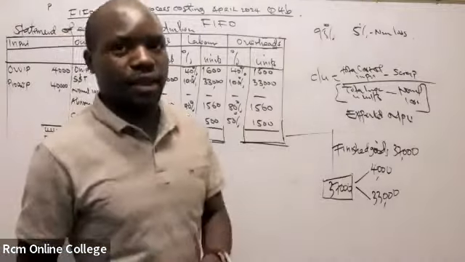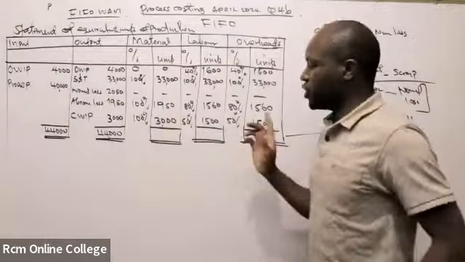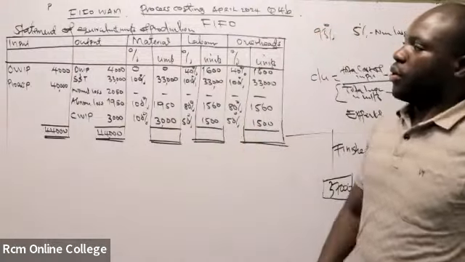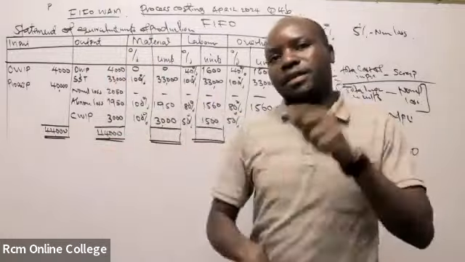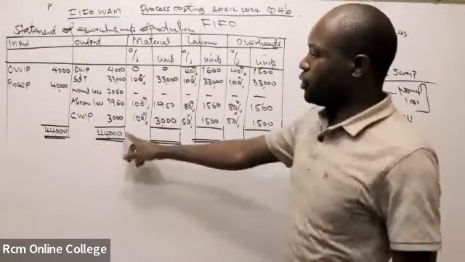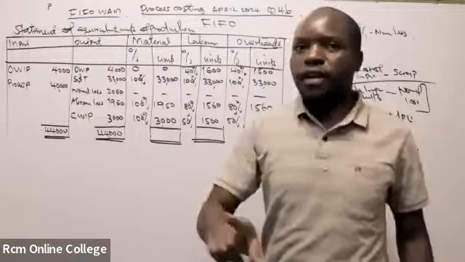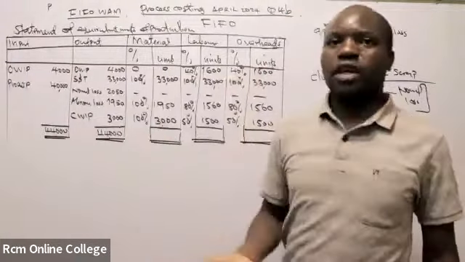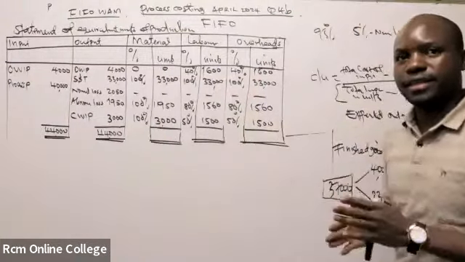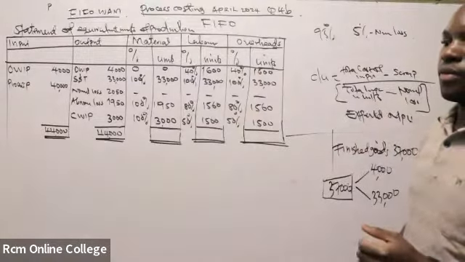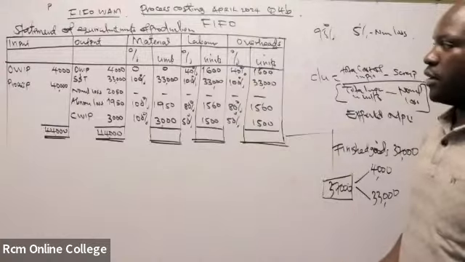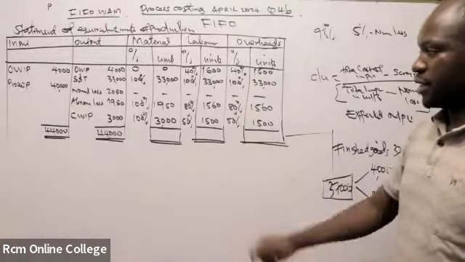Someone is asking, why are you now changing these things? When you are talking about opening work in progress, you are taking the remaining percentage. But when you come to closing work in progress, you take the figures the way they are given. Can you please tell us the direction to take? Why not 0%?